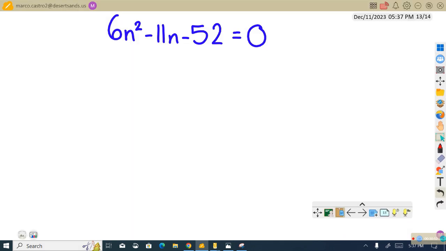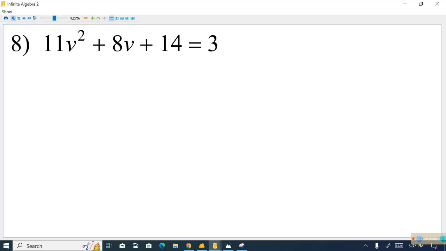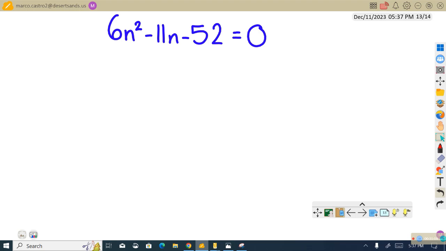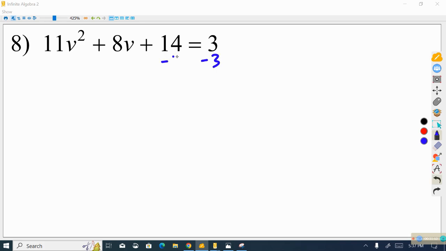We'll go take a look at number 8. So the first thing that we want to do here is subtract 3 from both sides so that we can set this equal to 0, as we call that step 0.